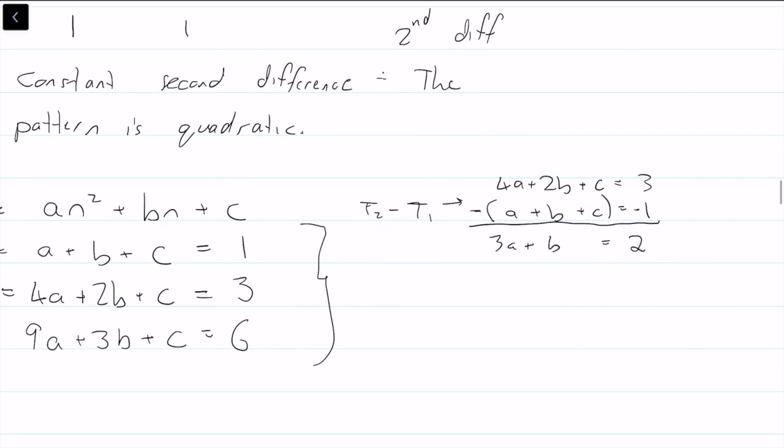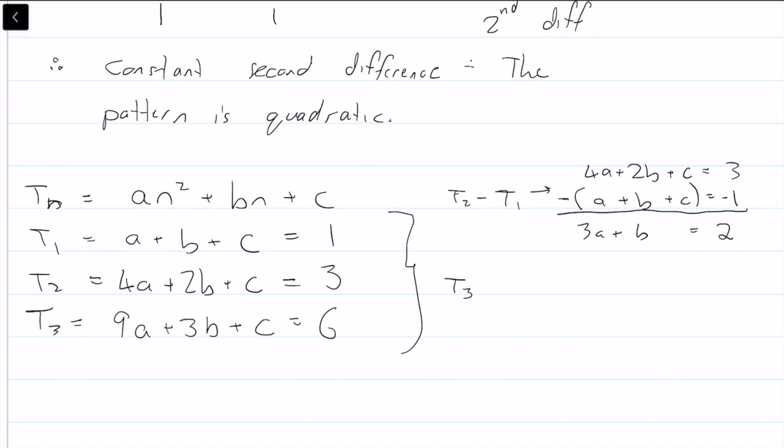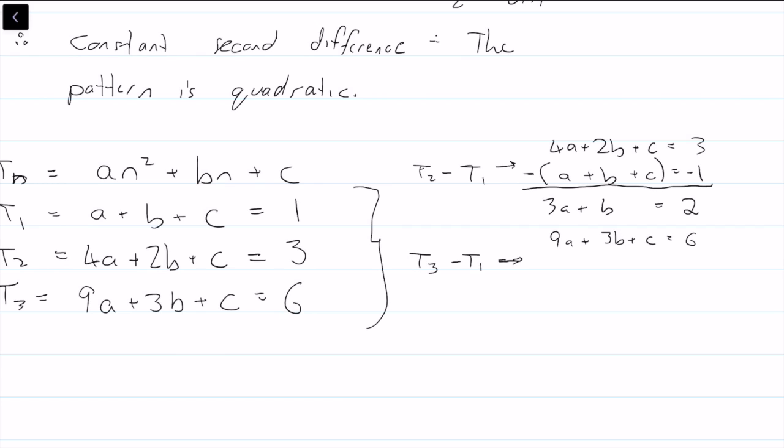The next thing I'm going to do is take T3, and I can subtract anything, but it's probably easiest to subtract T1. So T3 minus T1: 9a plus 3b plus c equals 6. Basically what I'm trying to do is eliminate this c variable.